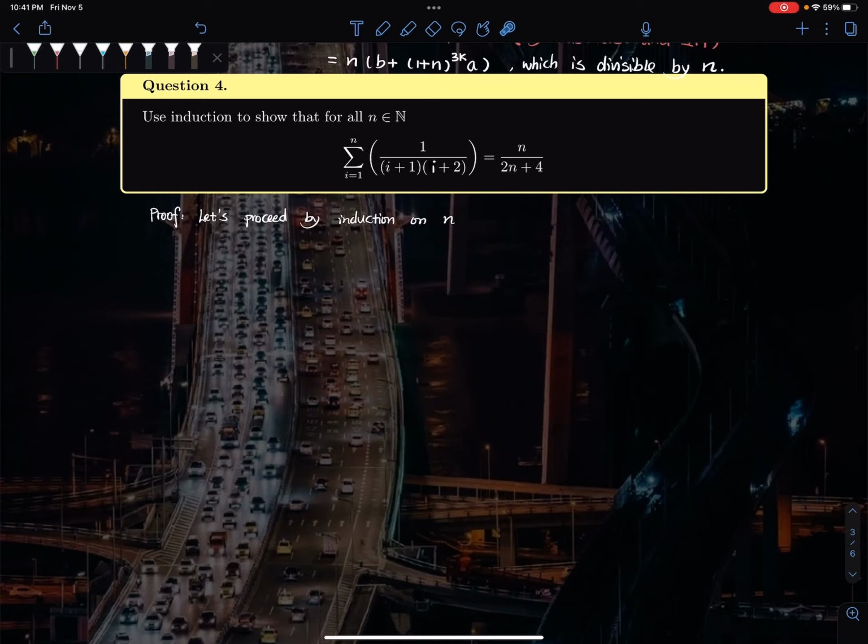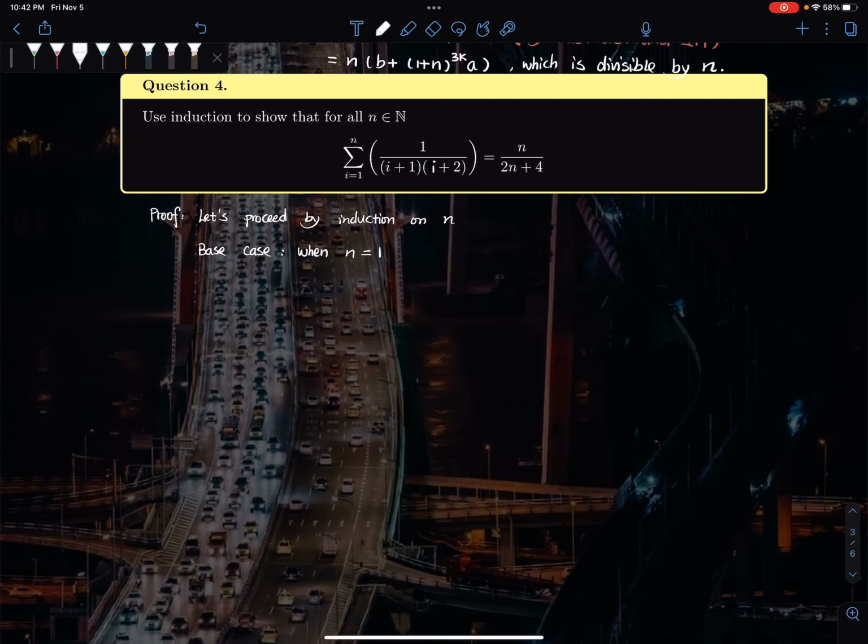Since they are asking to prove for all n in the natural numbers, and natural numbers start with 1, my base case is n equals 1.